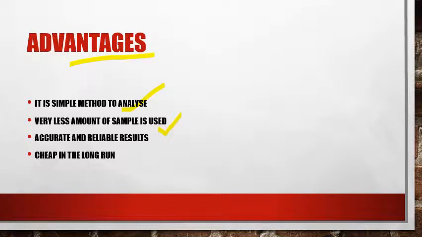There is a big problem when we synthesize our sample and the whole sample is consumed in identification on the basis of the reaction and the properties we determine. After the invention of this technique, a very small amount of sample, about 0.1 milligrams, a very small crystal part of the sample, is used to analyze it, and it gives very accurate and reliable results.